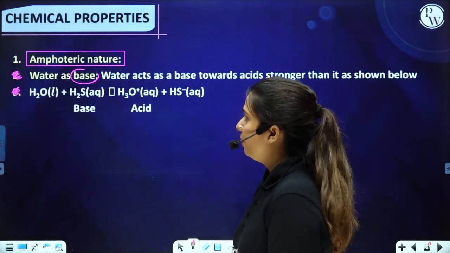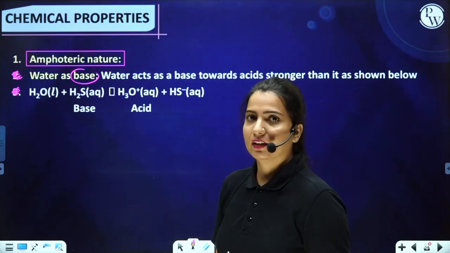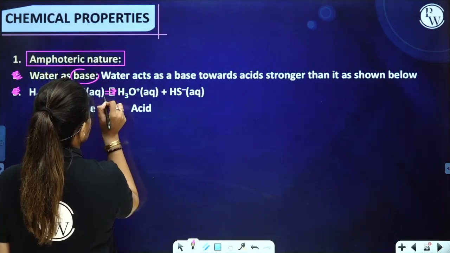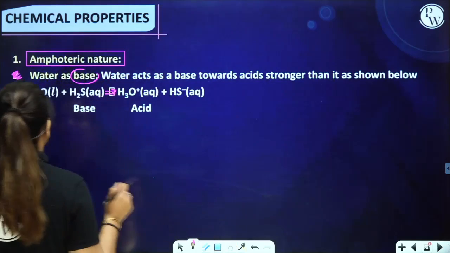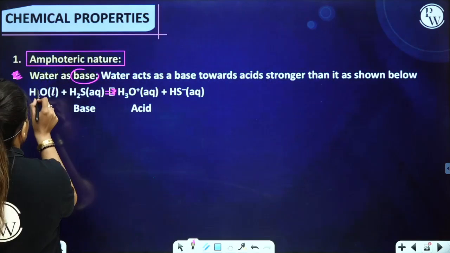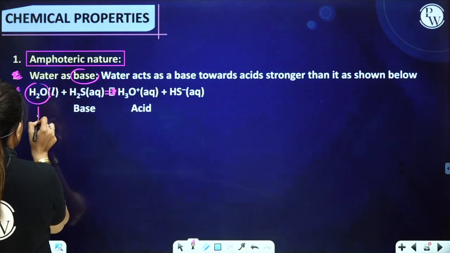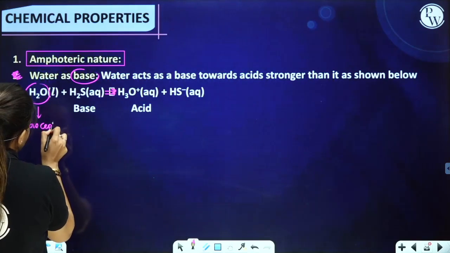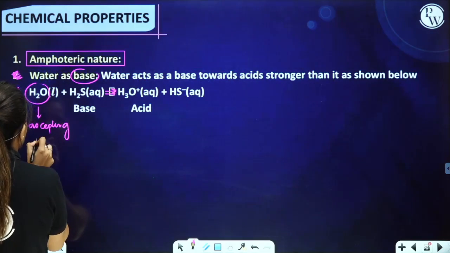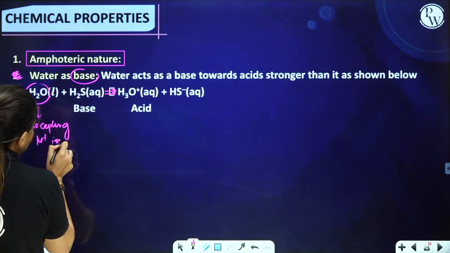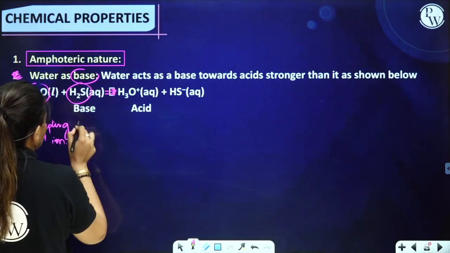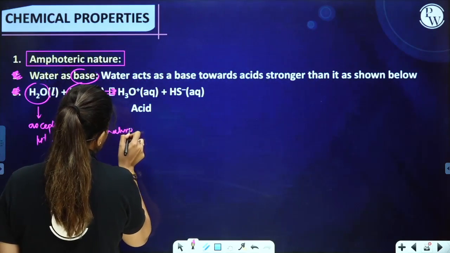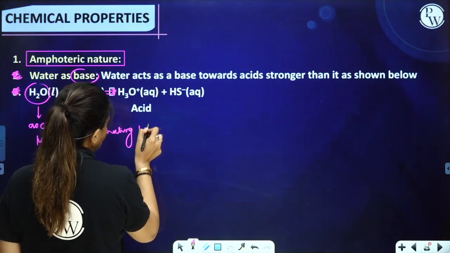H2O reacts with H2S to form H3O positive plus HS negative. Now this H2O is accepting an H positive ion, and this H2S is donating an H positive ion.